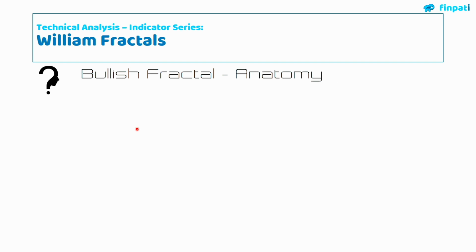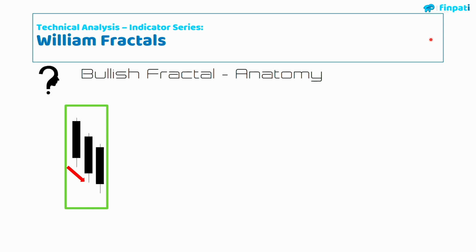If you get into the anatomy of the bullish fractals, let's say you have a continuous downtrend. There is strong selling happening in the market. All 3 candles have given a clear indication of selling, and suddenly there comes an up movement in the stock. So what has actually moved? Who has actually turned the direction?